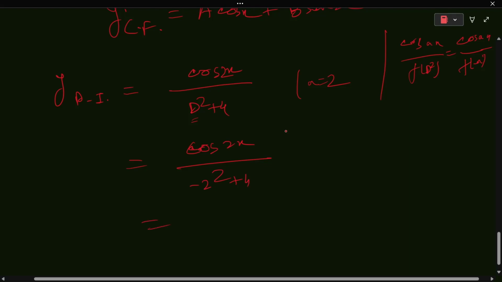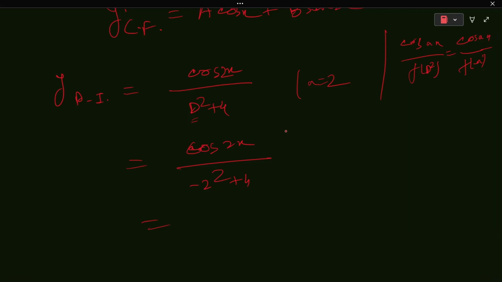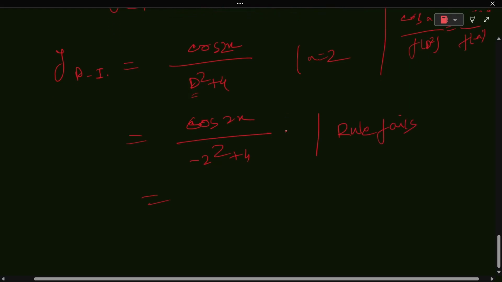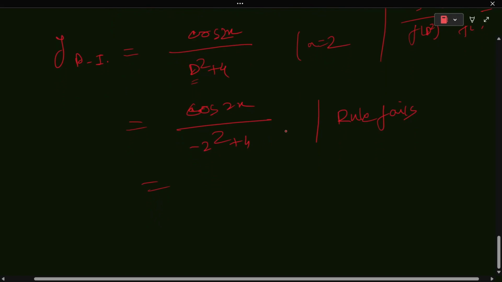So cos 2x by minus 4 plus 4, that is 0. Something by 0 is infinite. So here the rule fails. Why? Because here f of minus a square is 0.